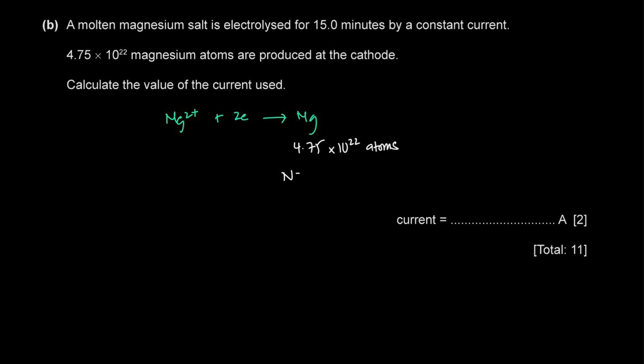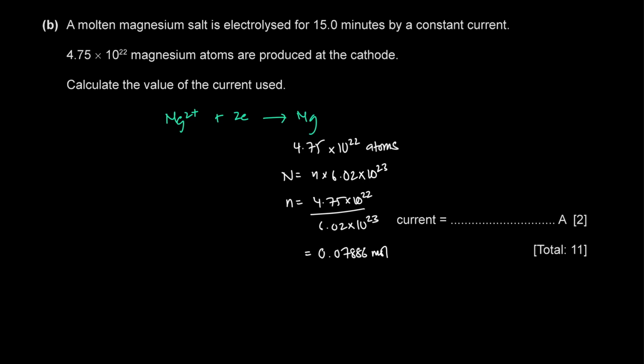Remember, the total number of atoms, capital N, is equal to the number of moles times Avogadro's constant. So the number of moles is equal to 4.75 × 10^22 divided by 6.02 × 10^23. So we get 0.07886 moles of magnesium atoms being deposited at the cathode.